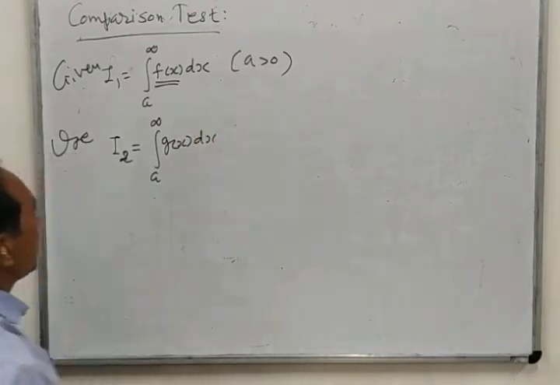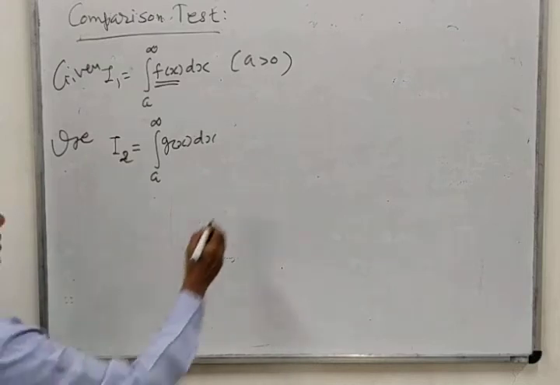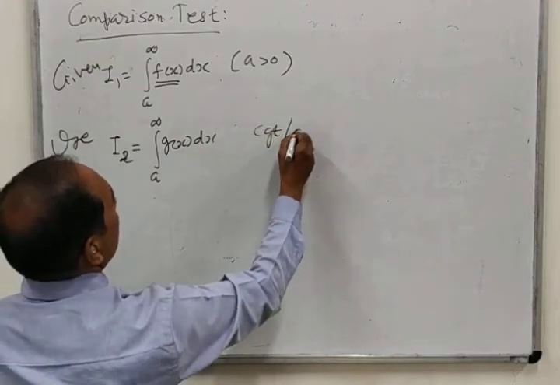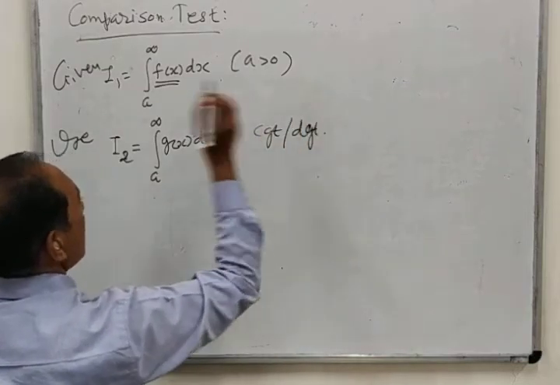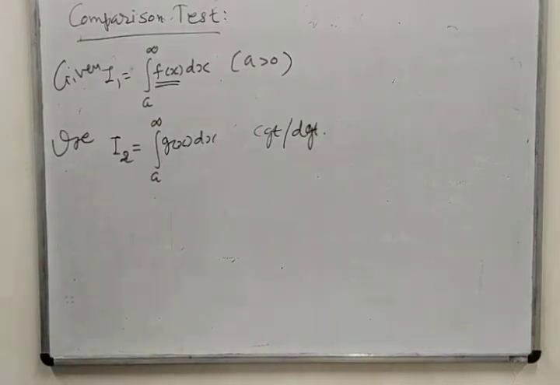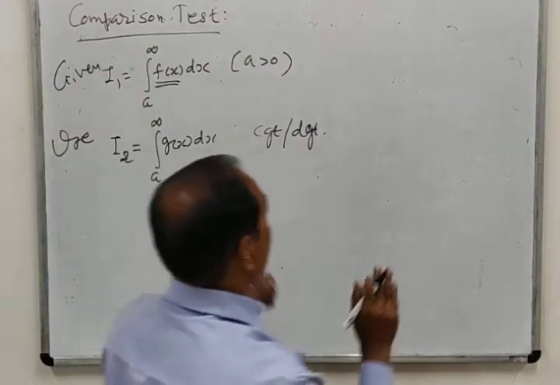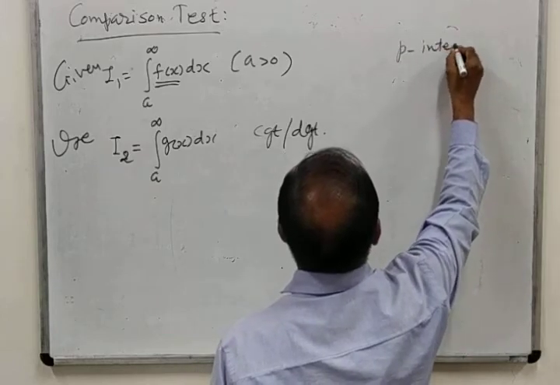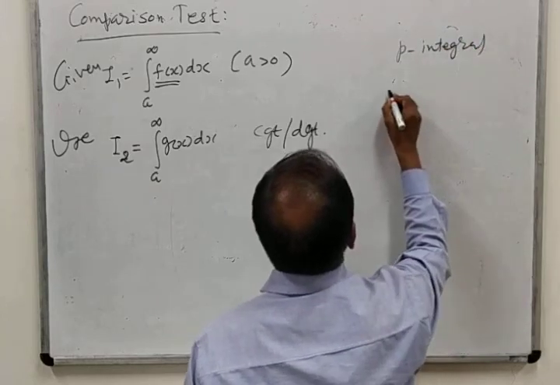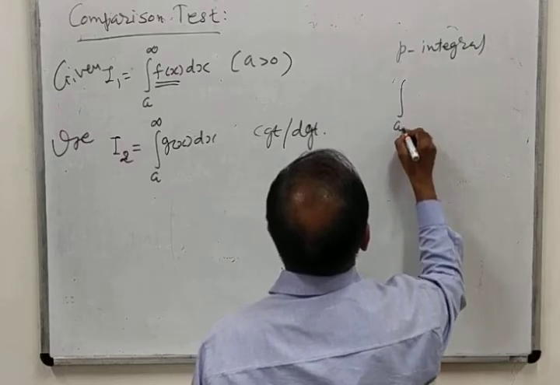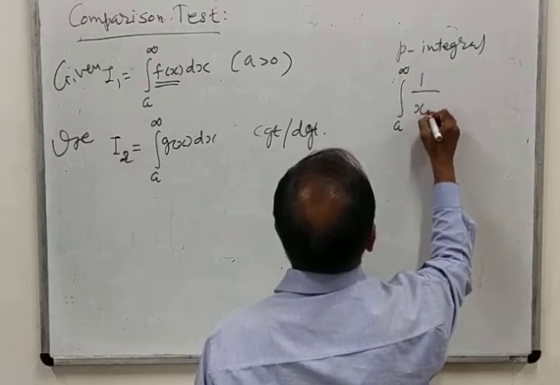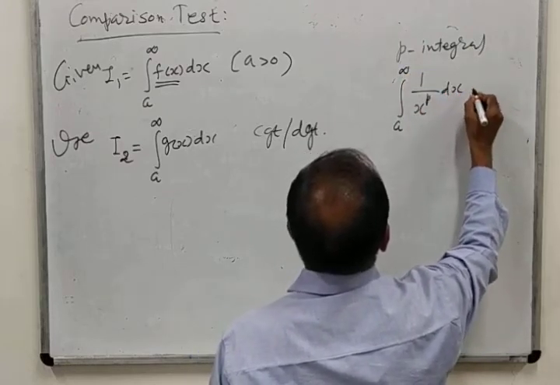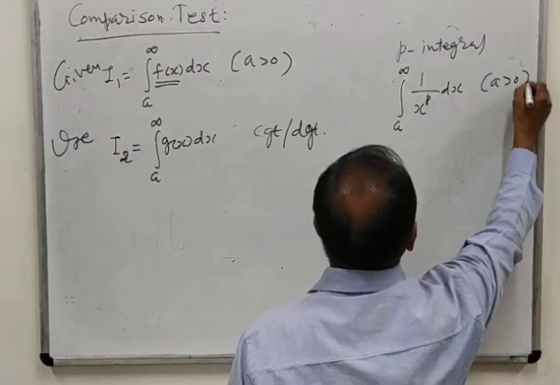Here again a greater than 0. Whether this is convergent or divergent, we know about it, and that's why I told you in the last lecture, when I showed you the p integral, that is, integration from a to infinity of 1 upon x raised to p dx, where here also I have considered a greater than 0.